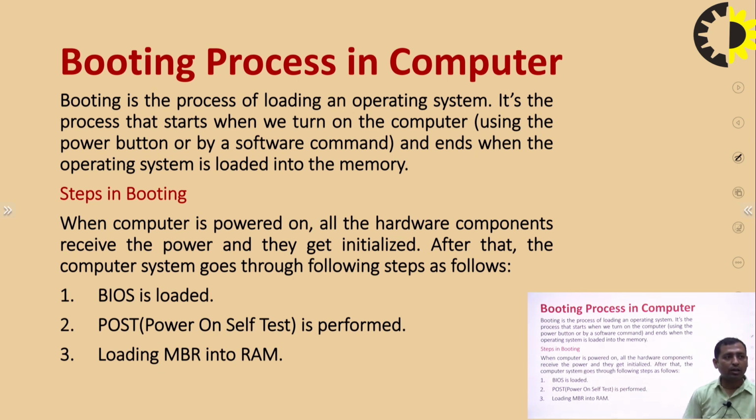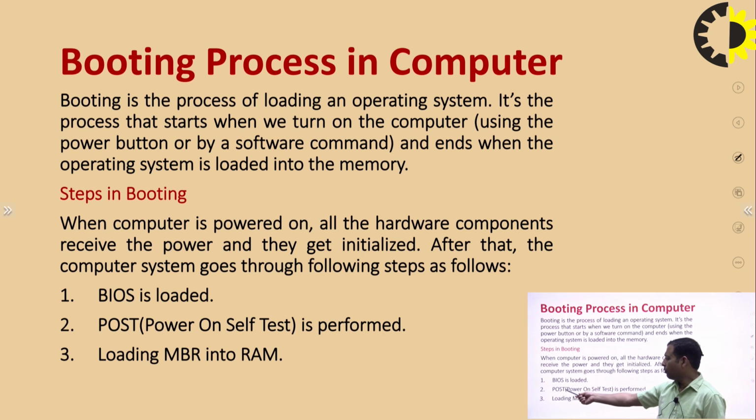Steps in booting: when a computer is powered on, all the hardware components first receive power and then initialize. After that, the computer system goes through the following steps. First, BIOS, the basic input output system, is loaded.